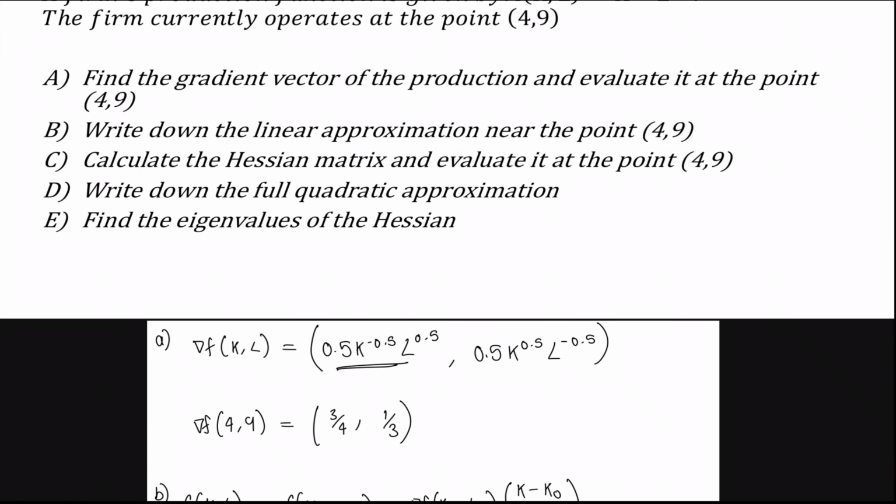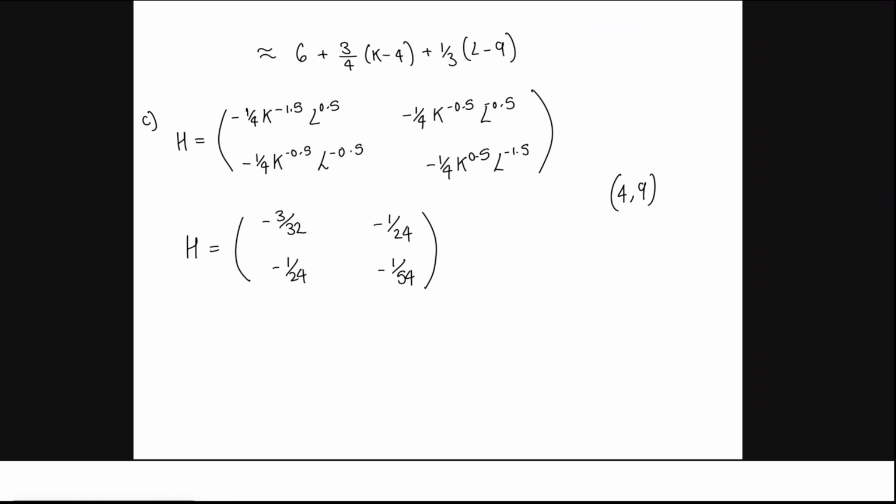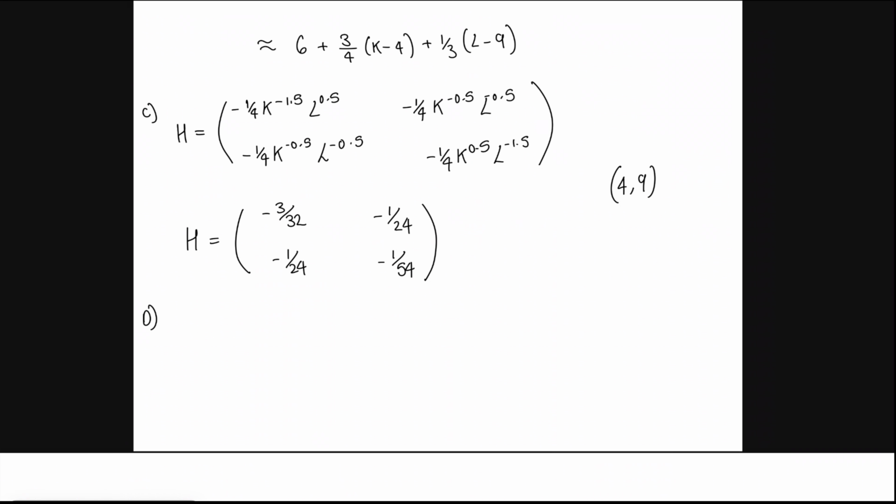So, moving on to part D, if we write down the full quadratic approximation, we already have the linear approximation, which was 6 + 3/4 (k − 4) + 1/3 (l − 9).